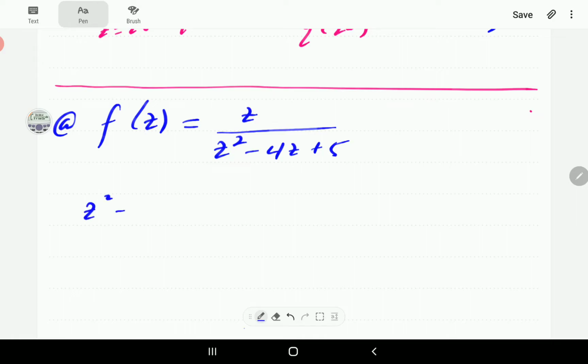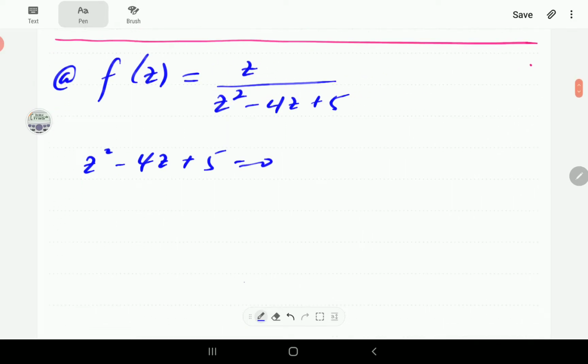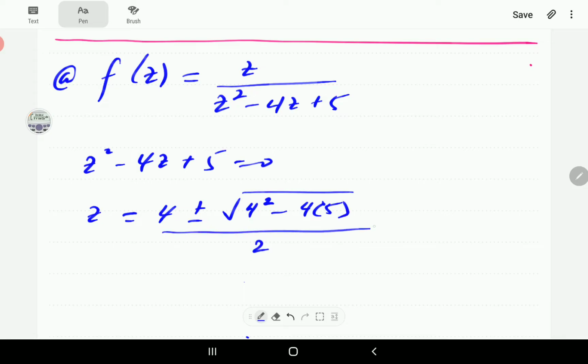So in the first example, this function is going to be singular when the denominator is equal to 0, so z squared minus 4z plus 5 equal to 0. Well, using the quadratic formula, z equals 4 plus or minus the square root of 4 squared minus 4 times 5. 4 squared is 16. 4 times 5 is 20.